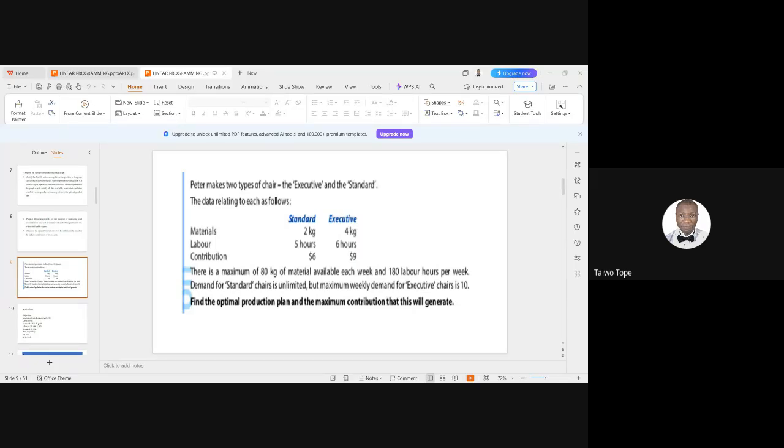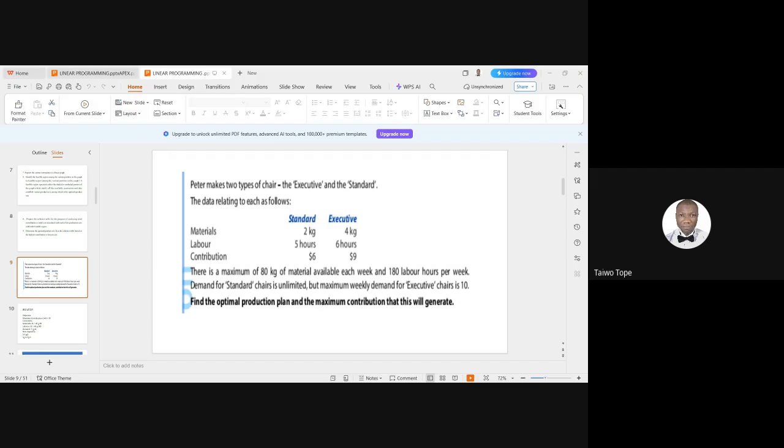It means in a week you cannot have access to materials above 80 kg, and you cannot have access to labor hours above 180 hours in a week. That is the limit. So those are the limitations.